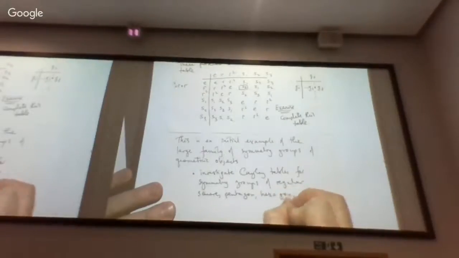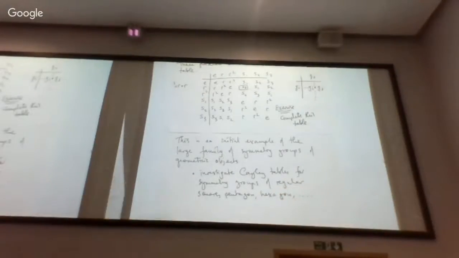Okay? 4-sided, 5-sided, 6-sided. You can investigate those in a similar way. This would be D4, D5, D6, and so on. The hexagon has 12 symmetries. It's got 6 rotational type symmetries, including the identity, and it's got 6 different axes of reflection.